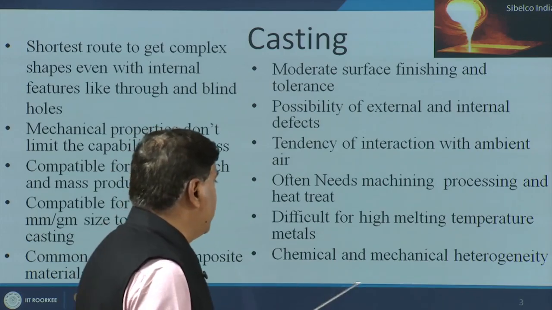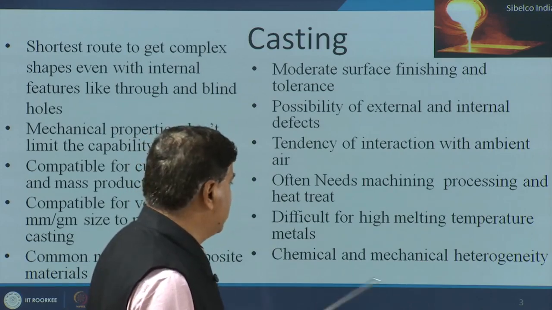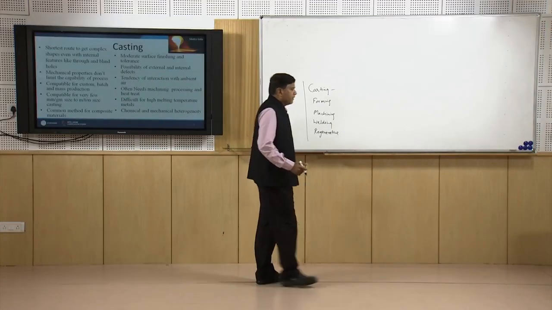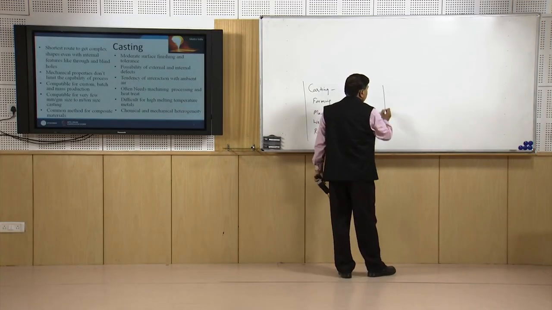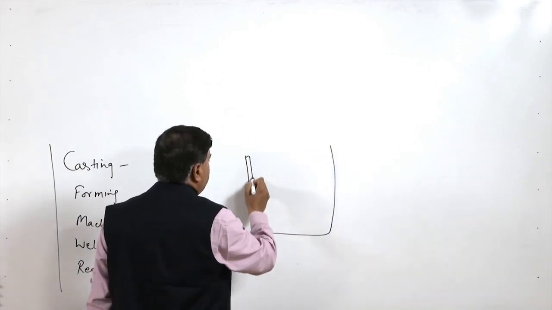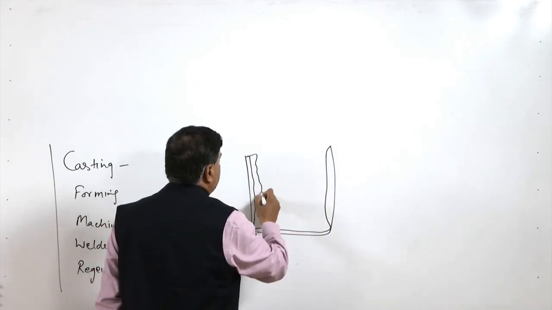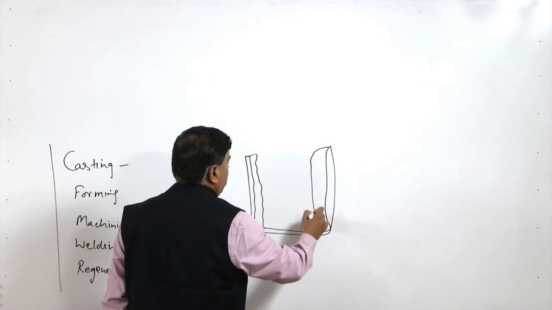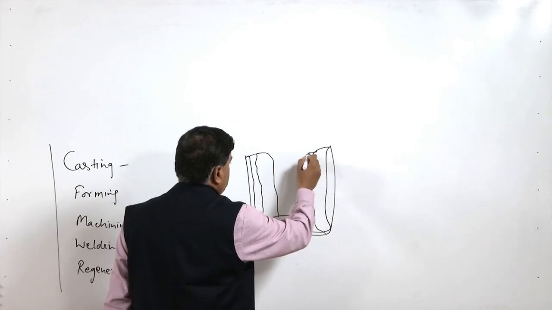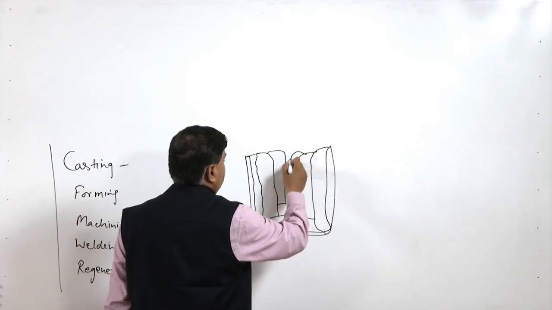And the chemical and metallurgical heterogeneities also exist in the castings. That is another side. It is more of a technological point related with the casting. Whenever the solidification of any casting takes place, we find that the pure metal solidifies fast, and gradually the impurities or the alloying elements will be segregating or moving towards the center, and at the end we find that all the impurities have got segregated at the center.